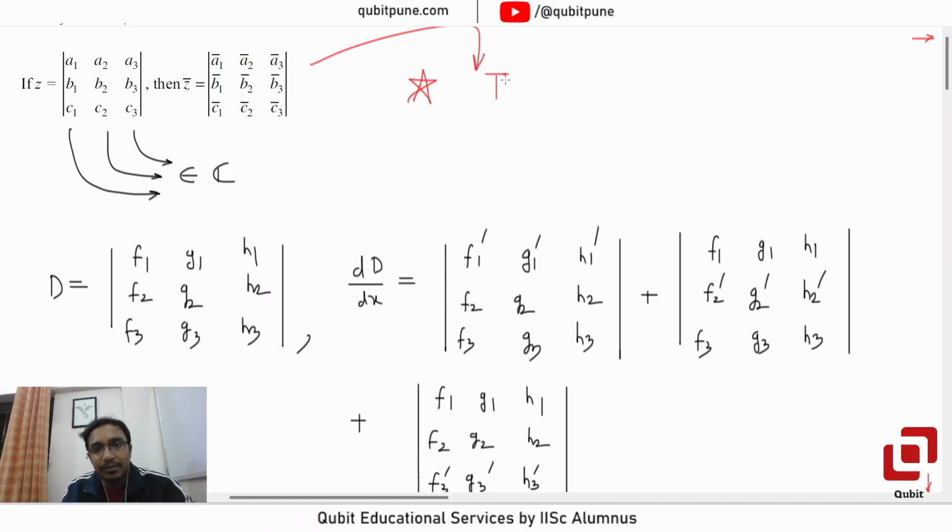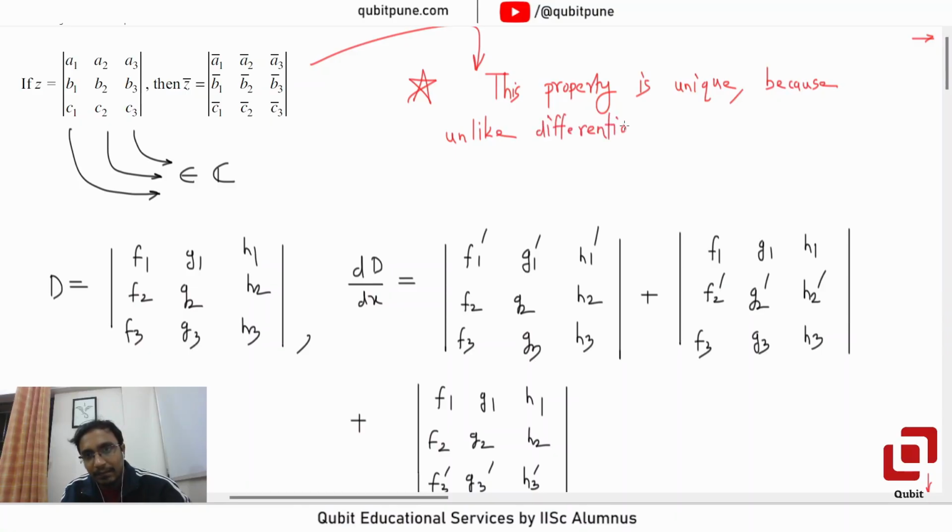This property is unique because, unlike differentiation, we do not conjugate row-wise and add.